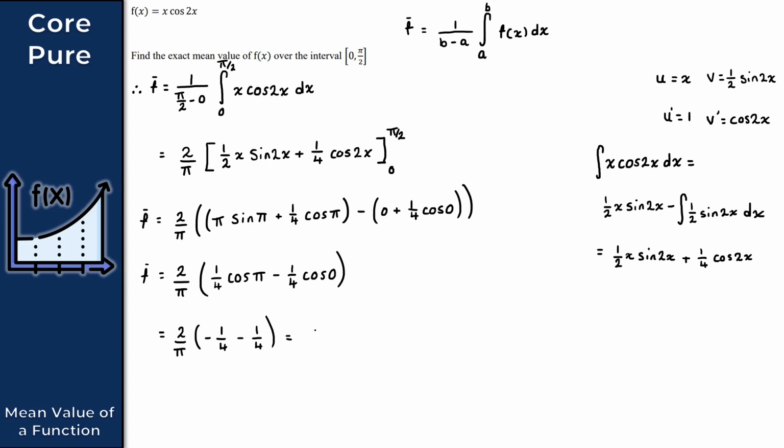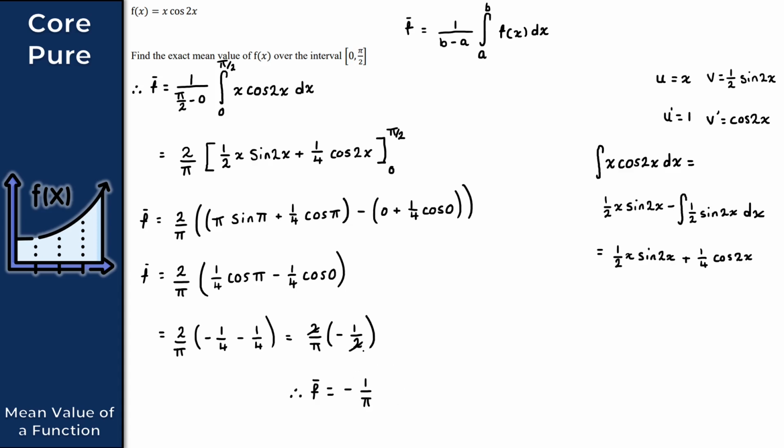So what I've got here then is 2 over pi times minus 1 over 2. Okay, the 2's will just cancel here, like so. And what we get left with here then is f bar is equal to minus 1 over pi there, like so.